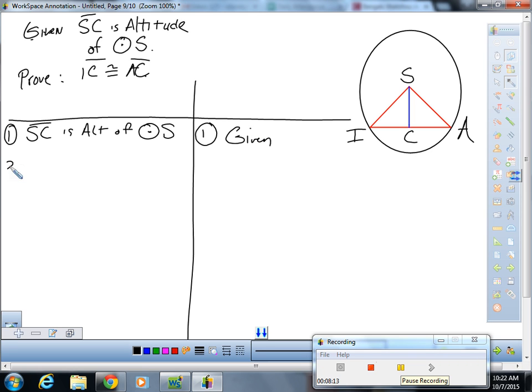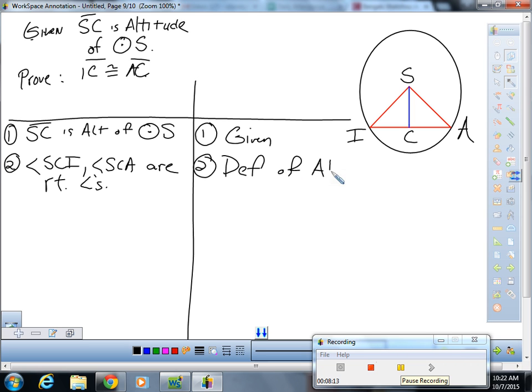Well, that means that angles SCI and SCA are right angles. And that's my definition of altitude. So now I can mark my right angles because I've stated them.